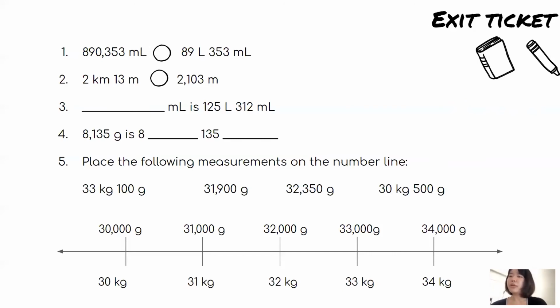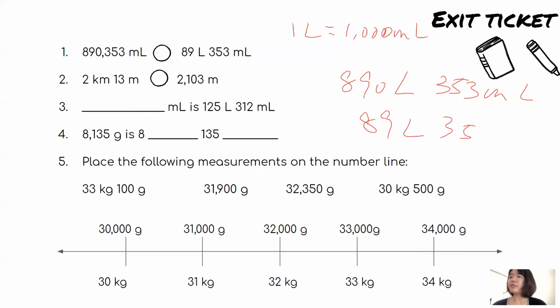We already know 1 liter is equal to 1,000 millimeters, which means for the first number we have 890 liters and 353 millimeters, and we compare with 89 liters 353 millimeters. Obviously the first number is much bigger than the second one, so this is greater.